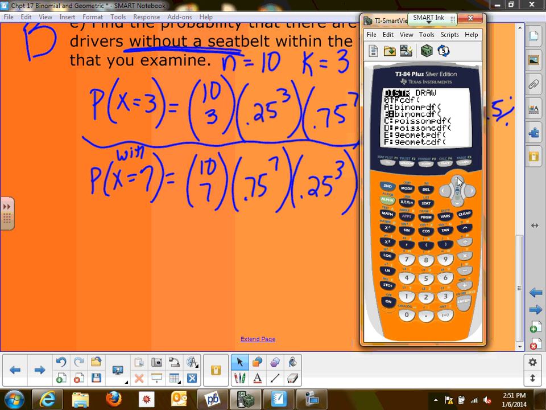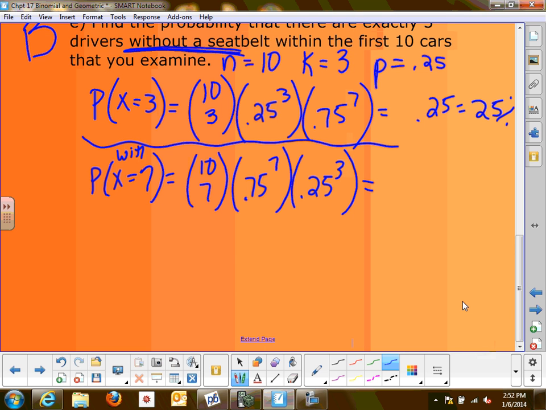These should be the same thing, because they mean the same thing, right? 3 without means 7 with. So, 10, comma, 0.75, and I want 7 of those to have their seatbelt. Boom. Same answer. So you have to make sure that this number coincides with your success probability. And then you'll be fine. So it's a 25% chance.